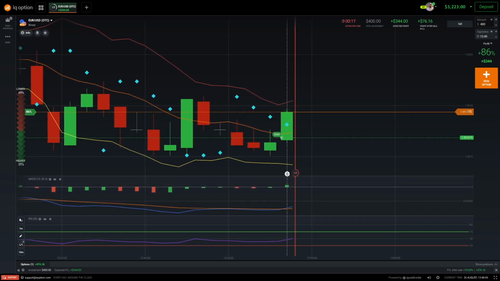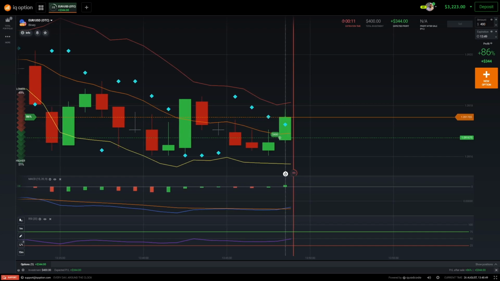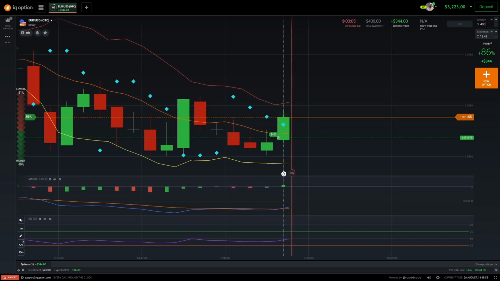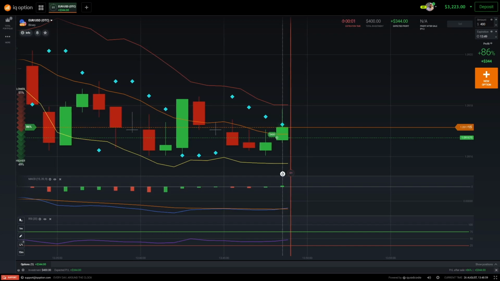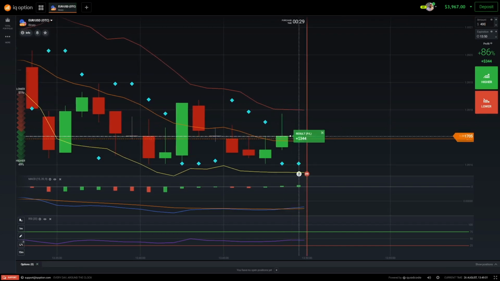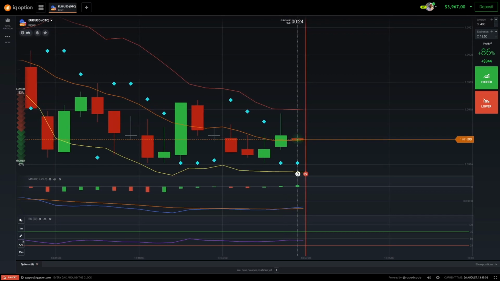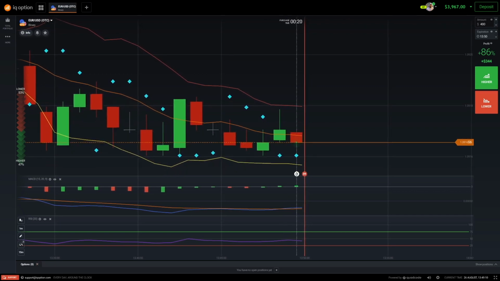Now the parabolic RSI is having a hard time, but this is indicating, yeah, look, the wick was a little bit taller and amazing, just as expected. A green candle, the wick is a strong one and a longer one, and yeah, we are at almost $4,000.